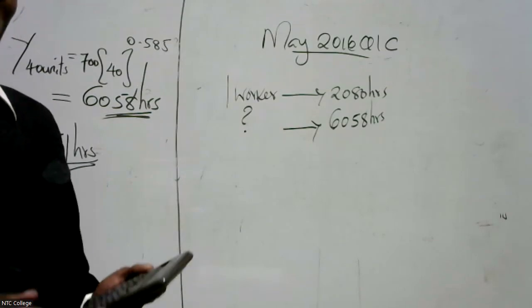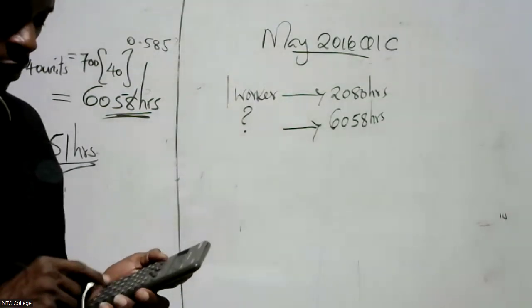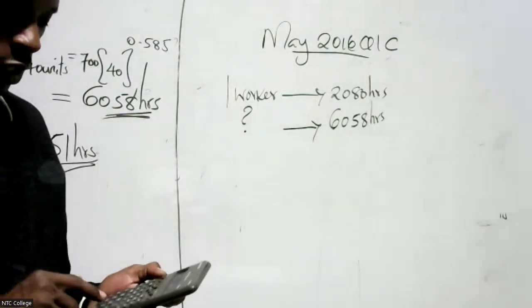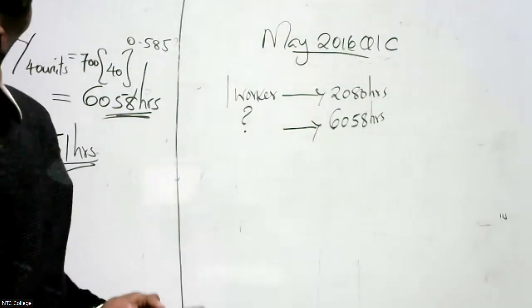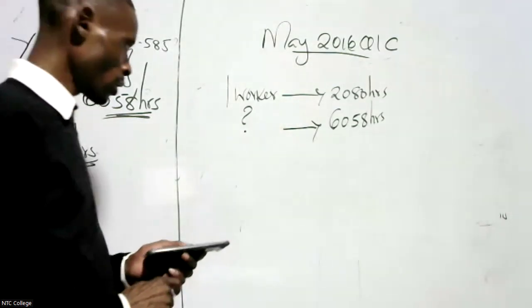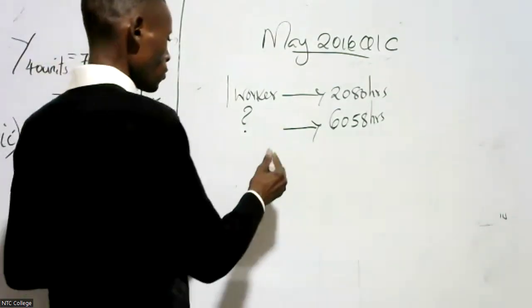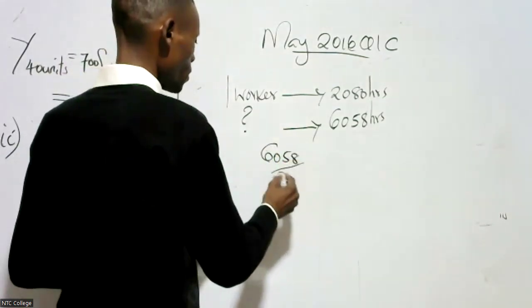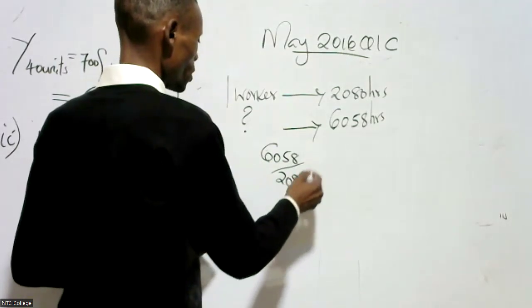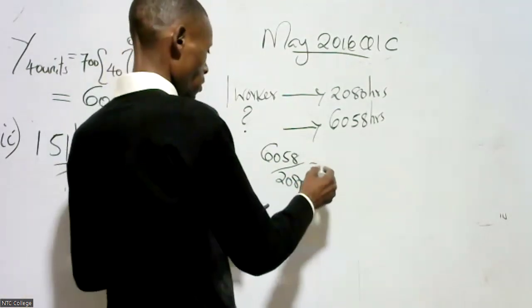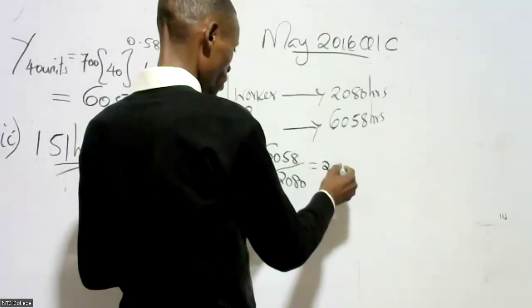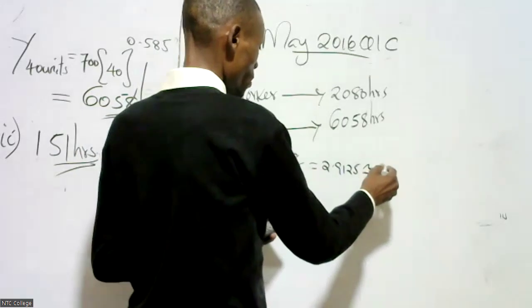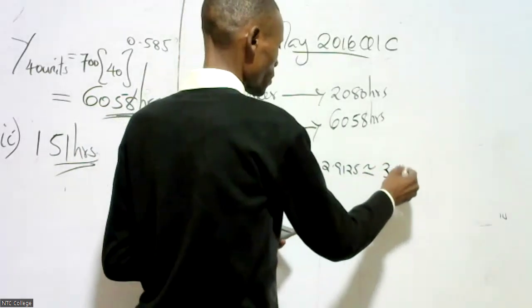So there I have 60, 58 divided by 2080, giving us 2.9125, which is approximately 3 workers.